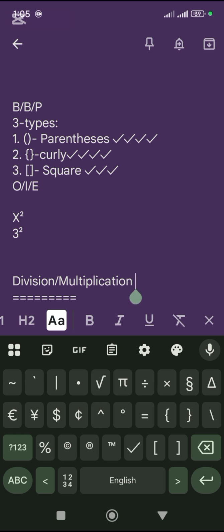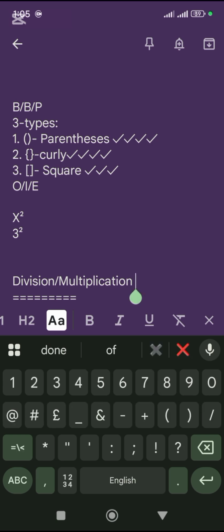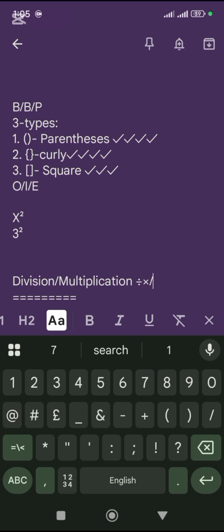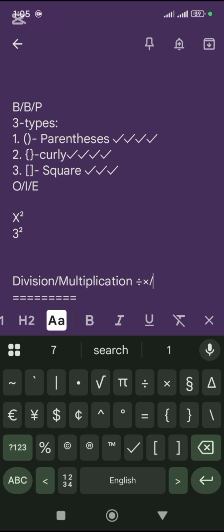If you have this kind of thing in sequence, you have multiplication, division, or you have division, multiplication, the order does not matter. If the question comes in such a manner that this follows in sequence, you will solve it from left to right.